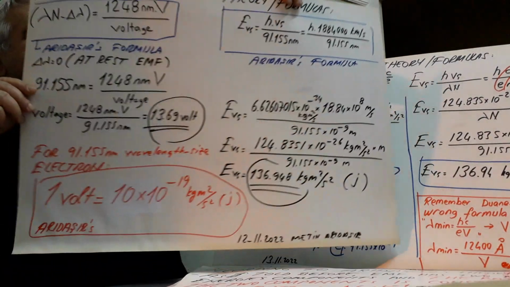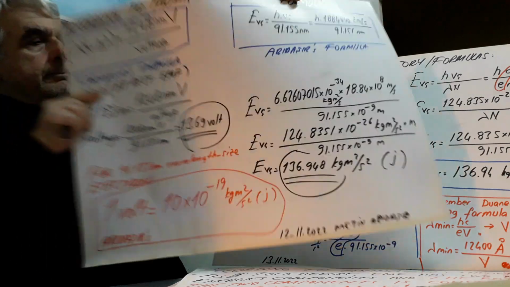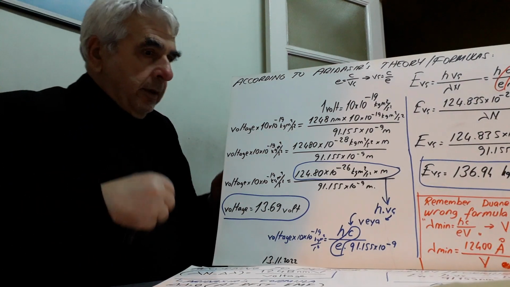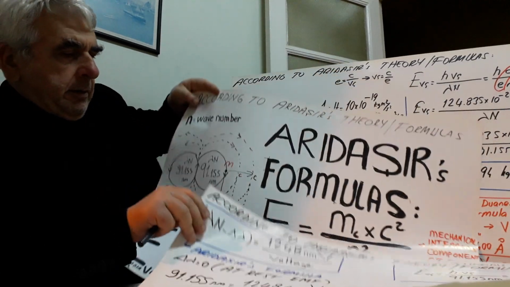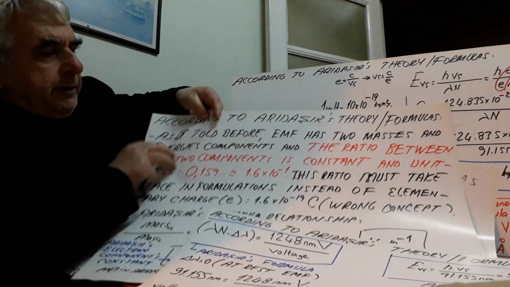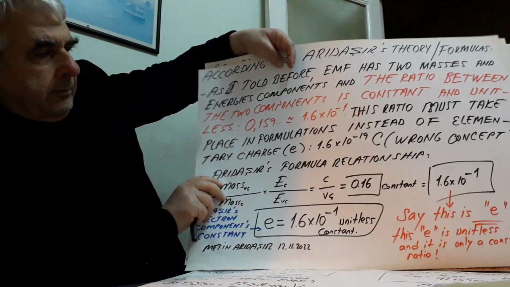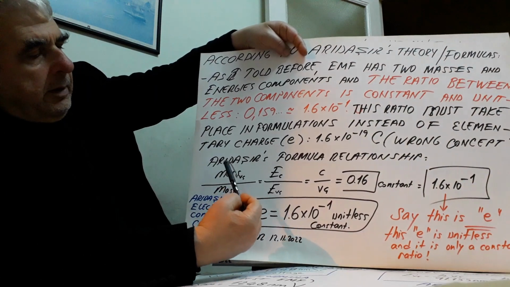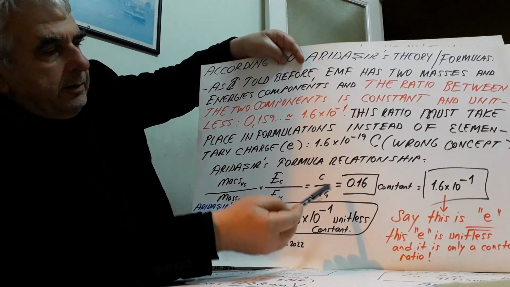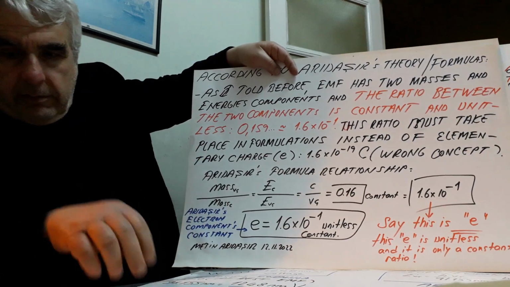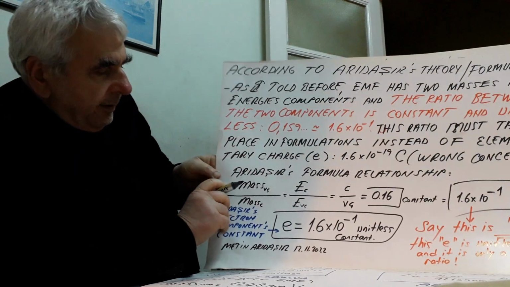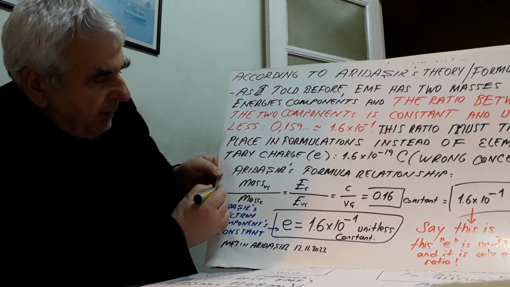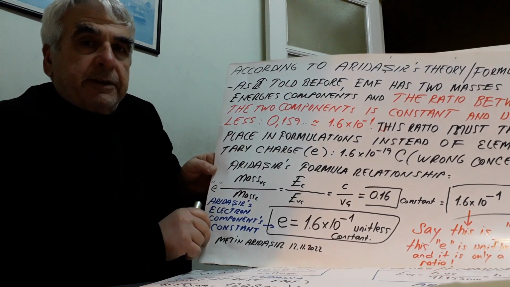Now, snapshot here. Remember my formula relationship. This is E, but not in accepted physics elementary charge.